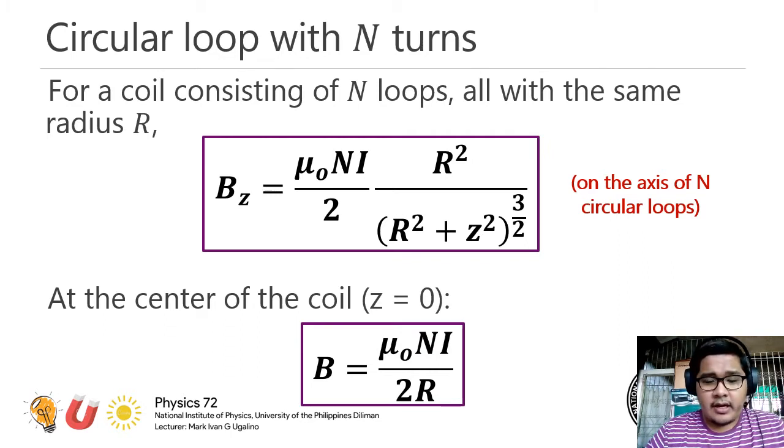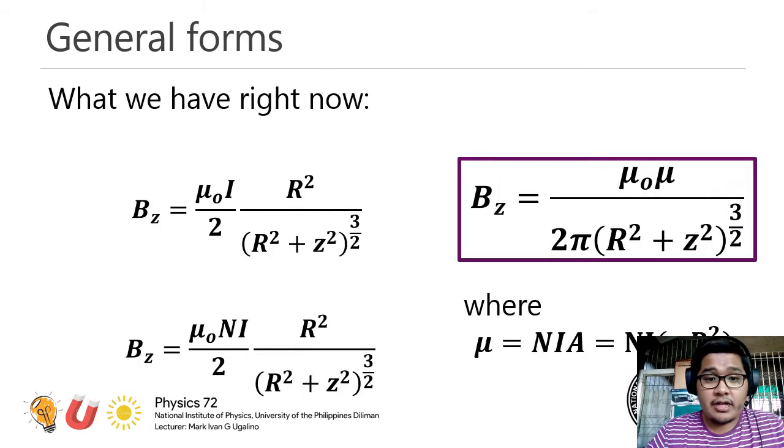Now, this can actually be written in a more general manner, because this expression is not only applicable for circular loops. We can write the magnetic field due to a current carrying loop with a magnetic dipole moment mu.